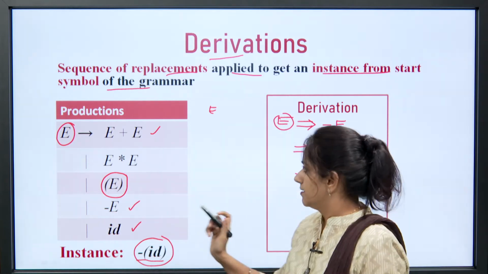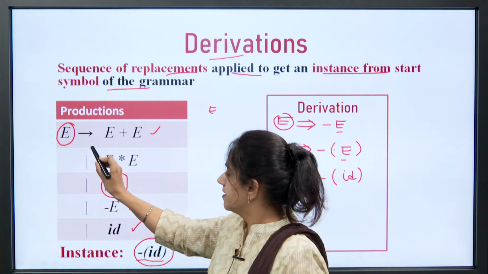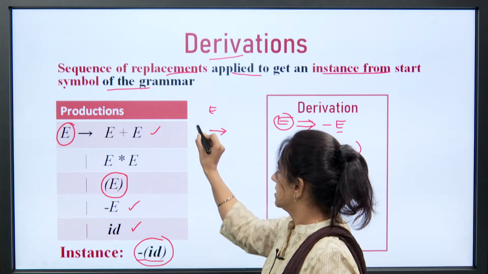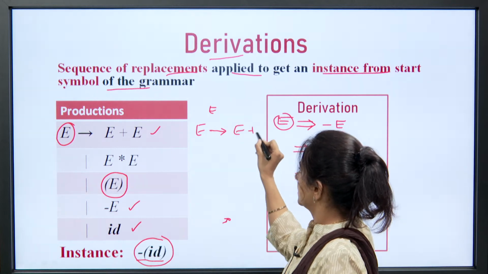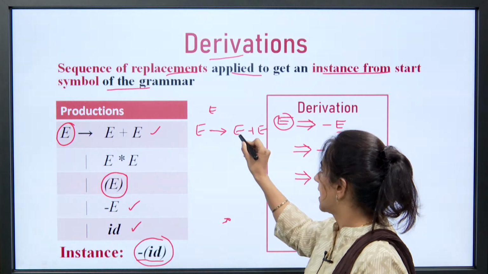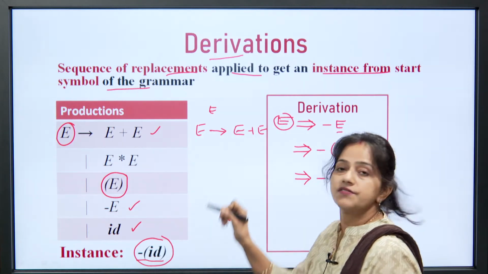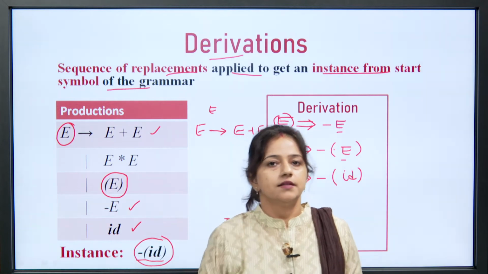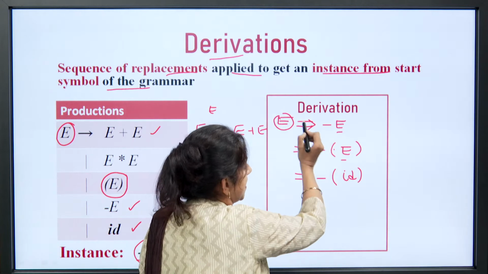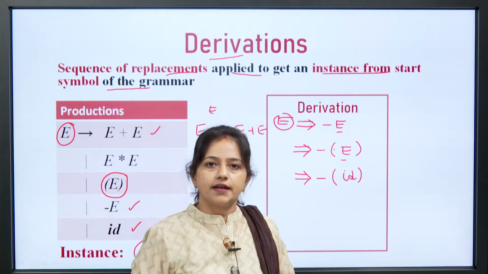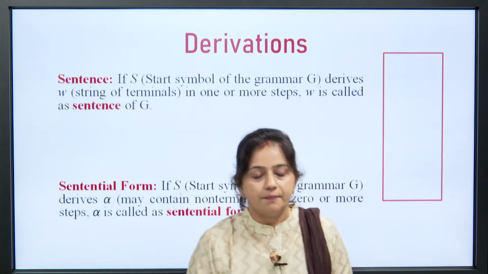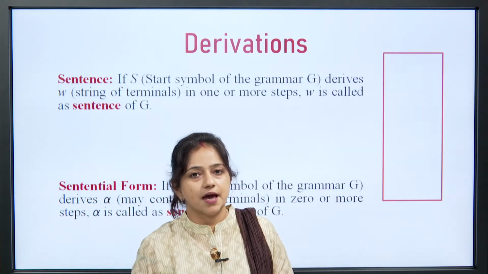Here we should take care of this symbol, derives. E to E plus E means this is an E production, this is a non-terminal, and here we have a string of grammar symbols, and E can be replaced with E plus E. This is the syntax of writing a production, and this says derives, meaning E derives minus E in one step.